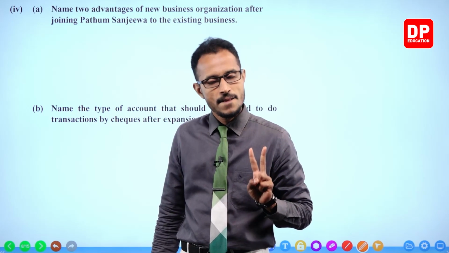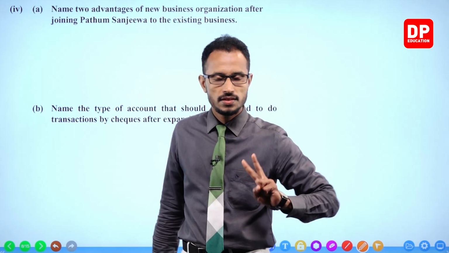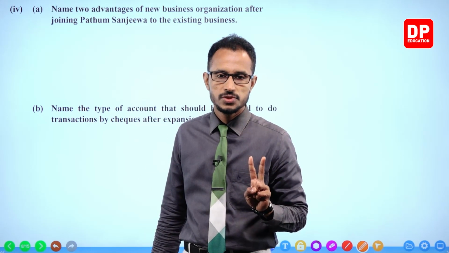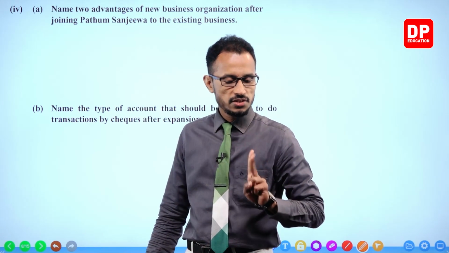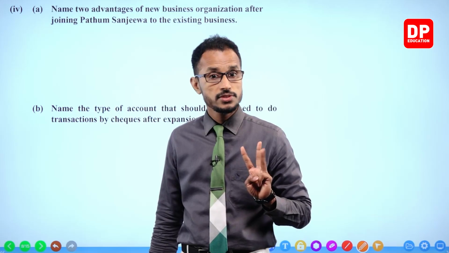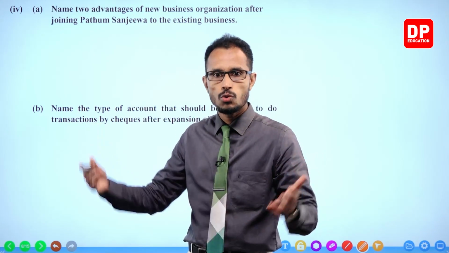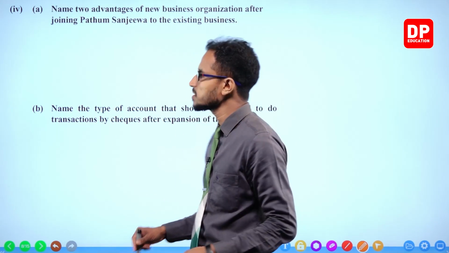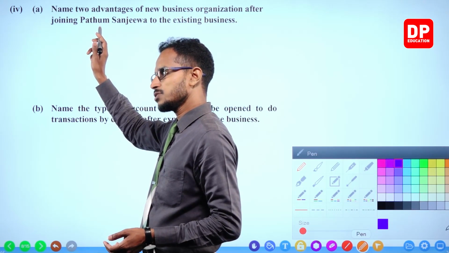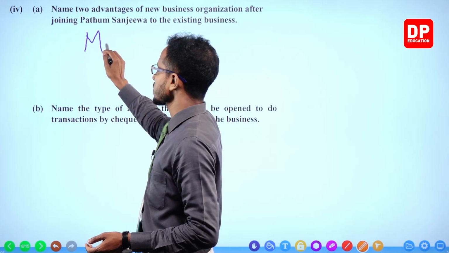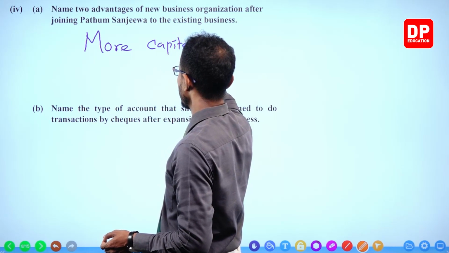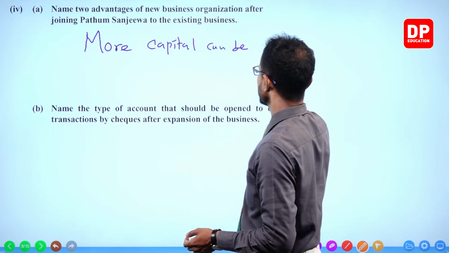It is better than joining with a guy who is smart and experienced in business, joining with Pathum Sanjeeva. Collective decision making. New skills and ideas come into the business because the new guy must be having his own ideas and skills. Can write new ideas. First point, more capital can be raised.